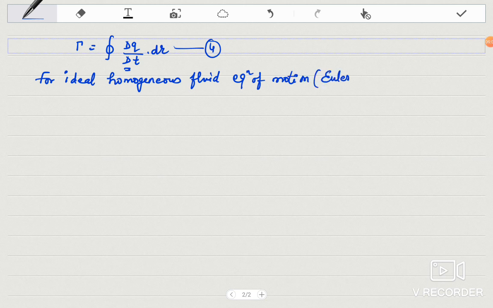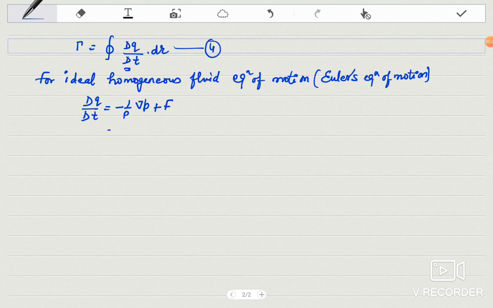This was given by Euler. So it is Euler's equation of motion for the ideal homogeneous fluid. It says that dq/dt is minus 1 by rho delta p plus f.